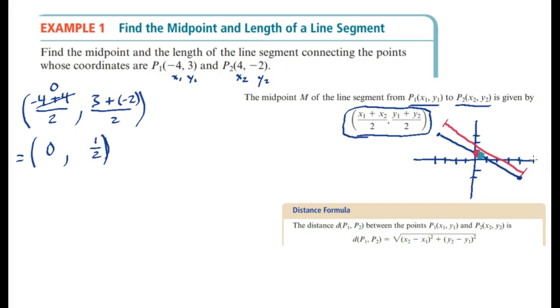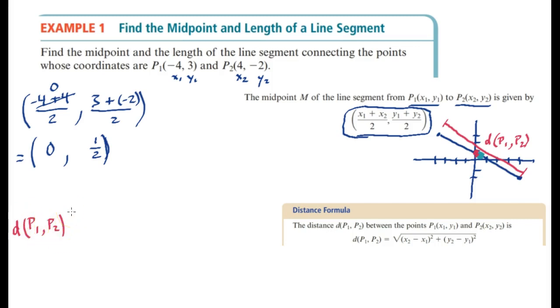It's that length right there. That is defined as d(P1, P2), where P1 and P2 are these 2 points right here. So let's go into this part of the problem, and we have d(P1, P2).